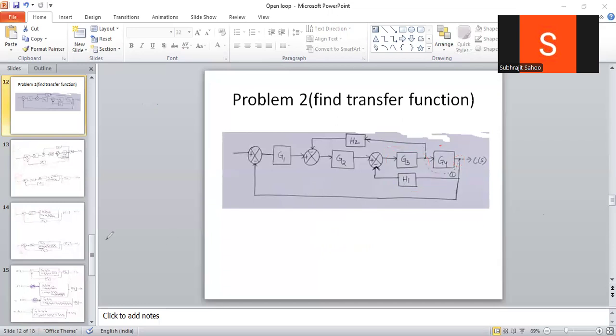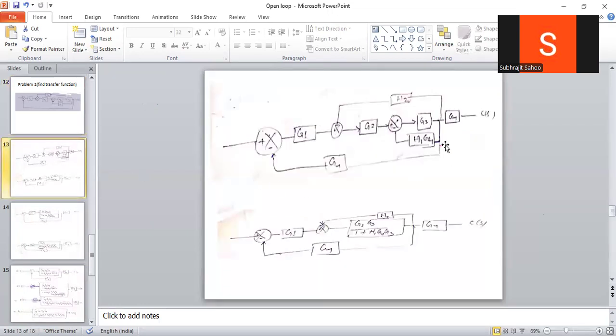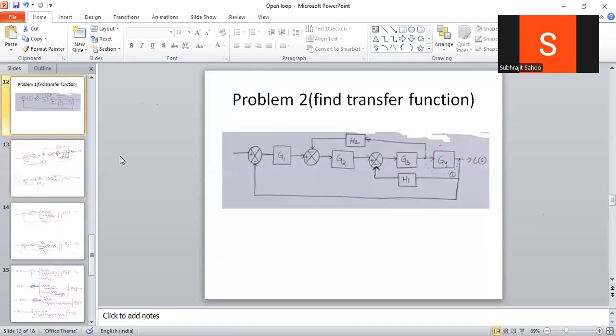Then I will move to the next slide. In the next slide, I have moved this to left. One more thing: if I move it to the left of G4, what will happen? For left movement, as I told, it will directly multiply. So this block becomes H1 into G4. And here also a block will be created.